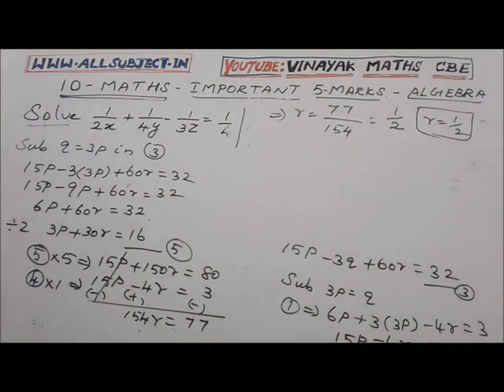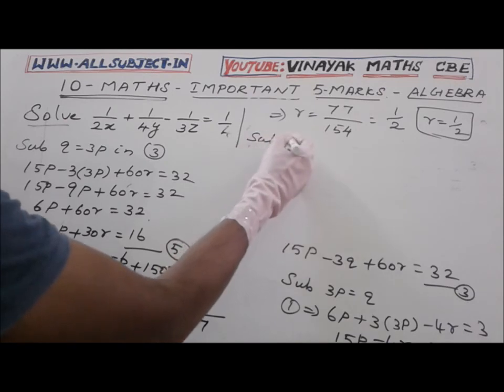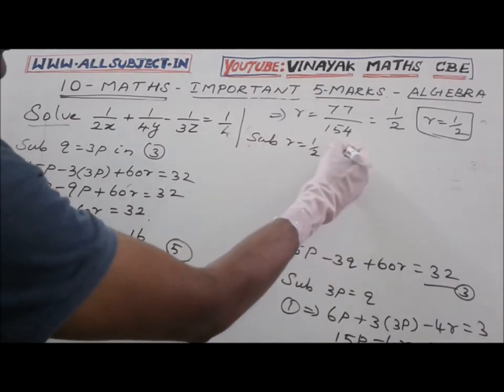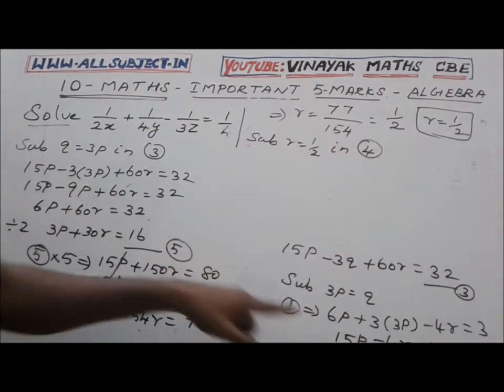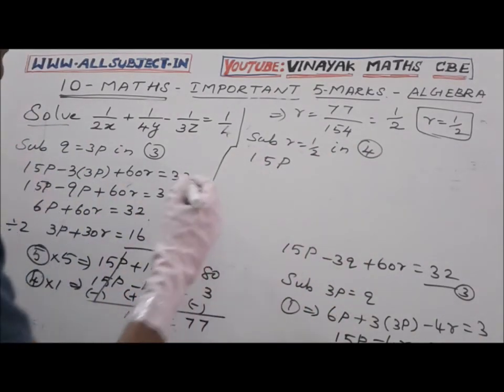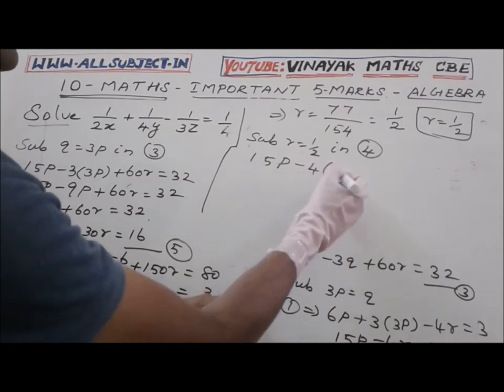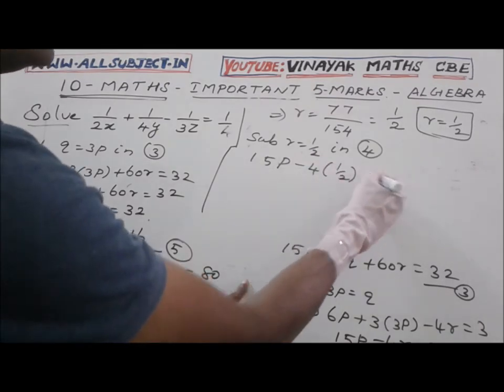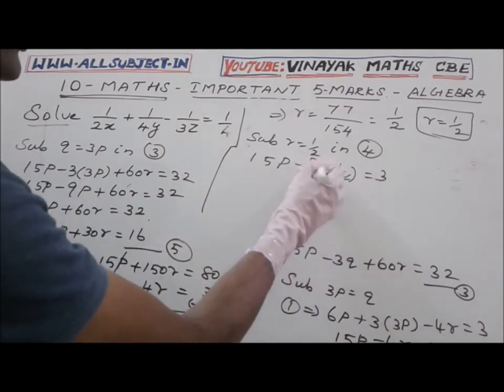Now substituting R equal to 1 by 2 in 4 or 5, we will get the value of P. Substitute R equal to 1 by 2 in 4, we get 15P minus 4 into 1 by 2 equal to 3. Cancel these 2 by 2.